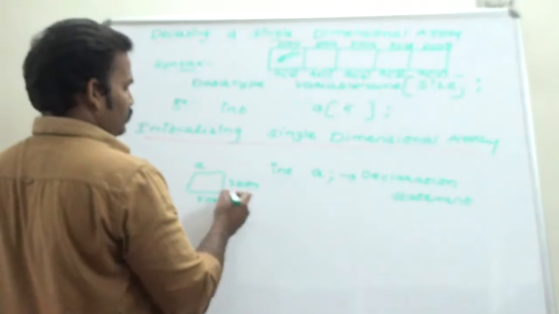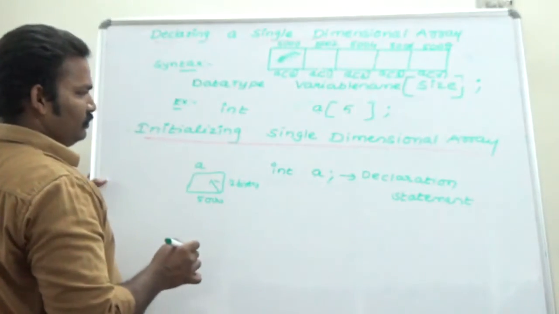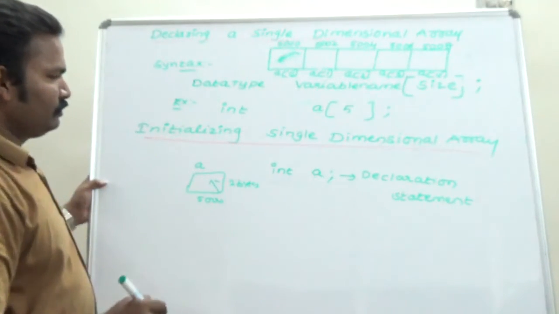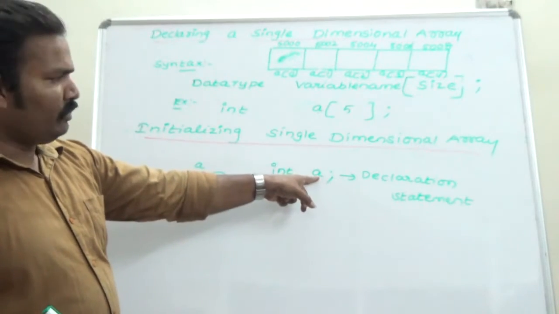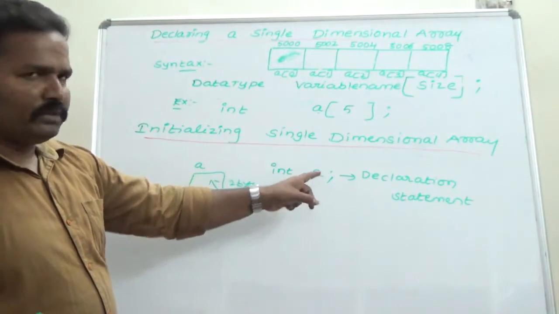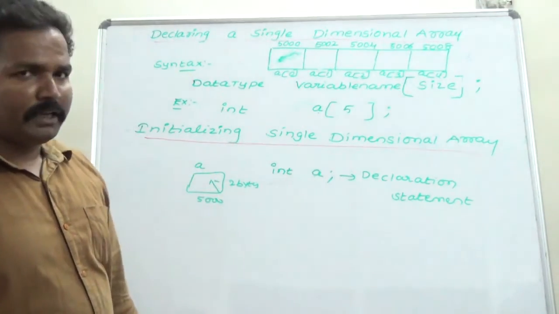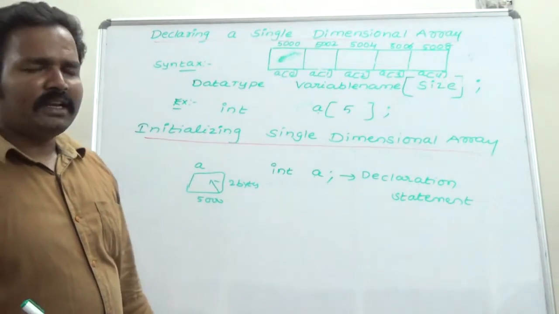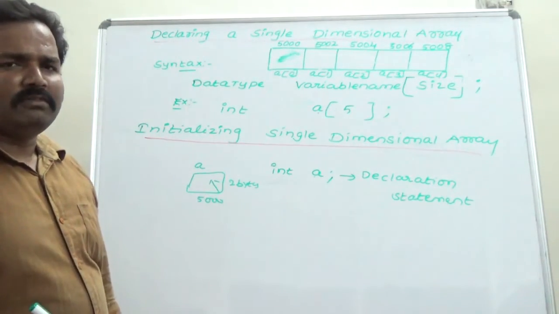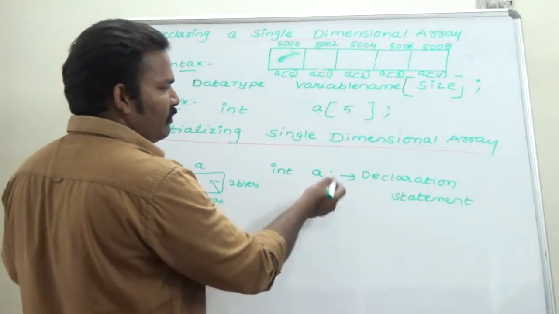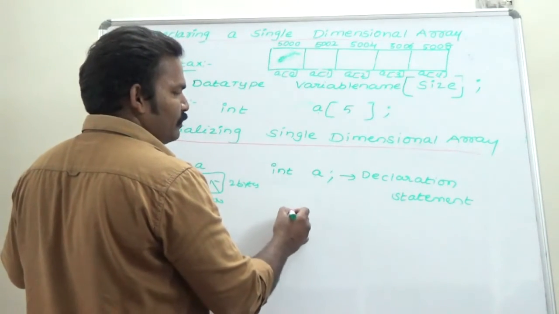So there is no value. If it is a local variable and you are not assigning a value to it, it is automatically initialized to garbage value. Now I want to assign a value to the variable. How can we assign?